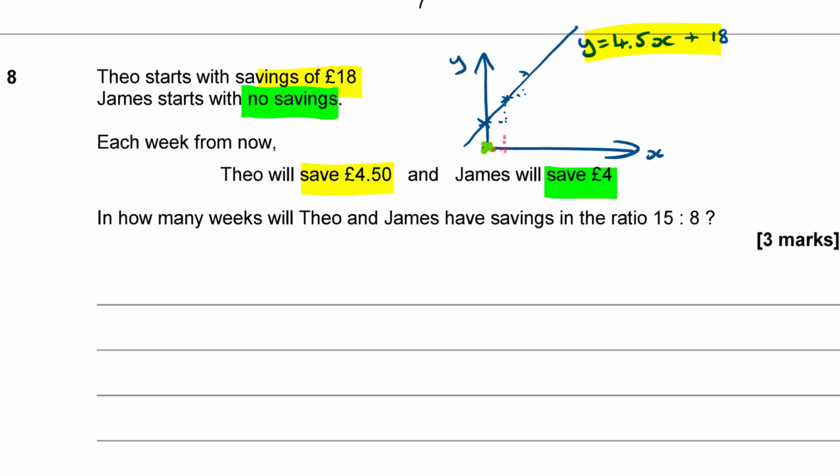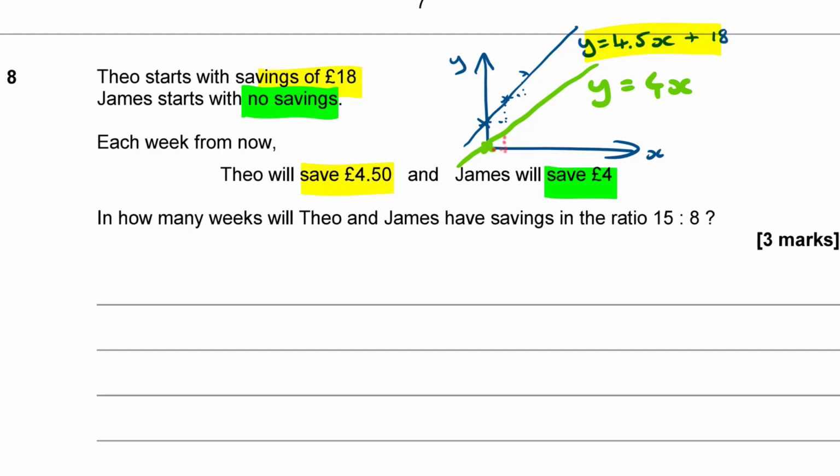That's slightly less steep than the graph we've just drawn, so these graphs are going to be diverging over time. Theo is going to start ahead and get more ahead over time. The equation of James's line is y equals 4x plus nothing.